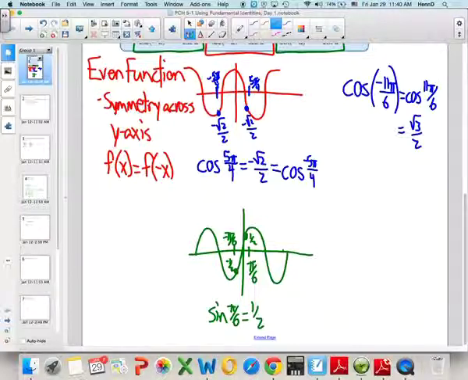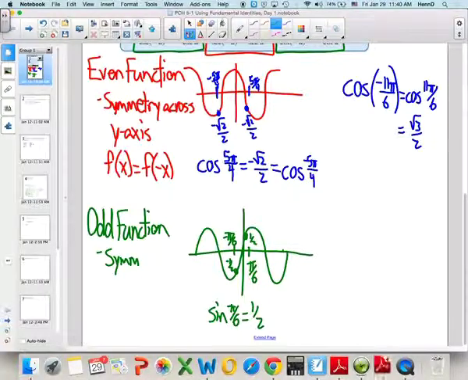So you see there's a similarity, but it has the opposite value of sine. These are odd functions. An odd function is one where we call it symmetry, but it's actually like a double reflection, which, if you remember back in geometry, a double reflection across intersecting lines actually gives you a rotation.